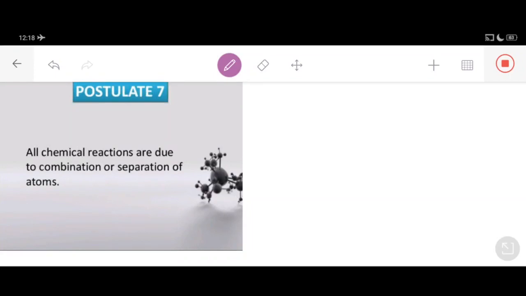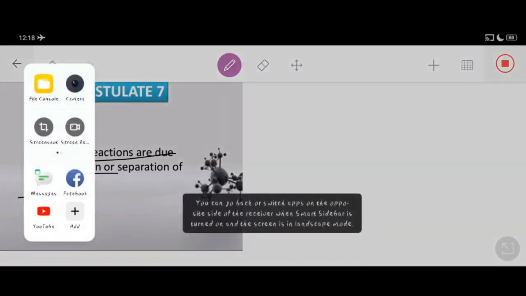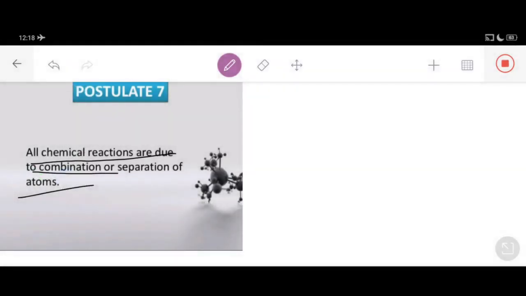That all chemical reactions are due to combination or separation of atoms. Or the seventh postulate is: atoms of the same element can combine in more than one ratio. All chemical reactions are reactions in which the old bonds get broken and the new bonds get formed. This is the definition of a chemical reaction.